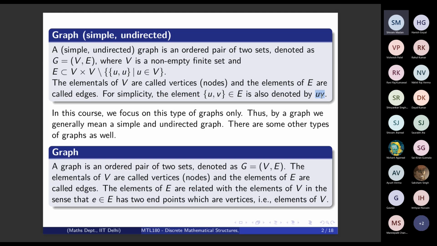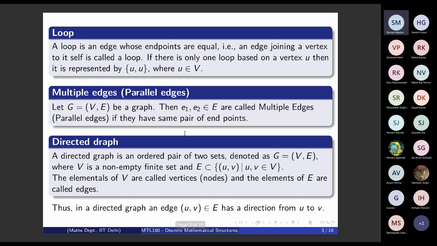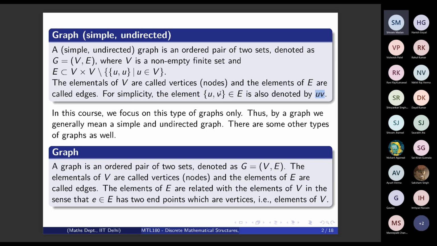But if there are multiple edges, then we do not write in that way. We write them arbitrarily, say E1 and E2, because it might happen that E1 is also UV and E2 is also UV, but they are different. So for multiple edges or a multigraph, we do not write the edges as UV in set notation. Set notation is only applied for the simple graph.